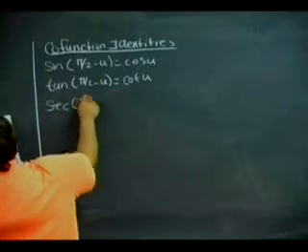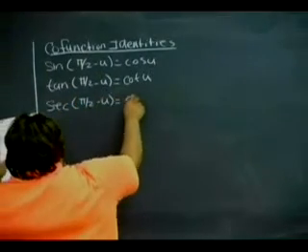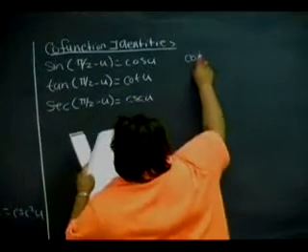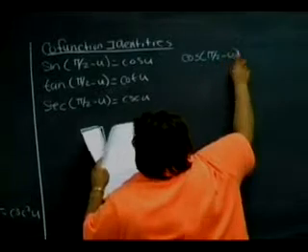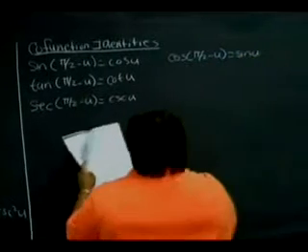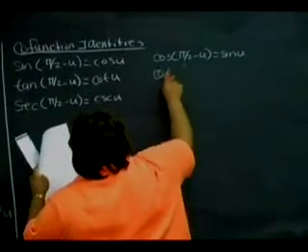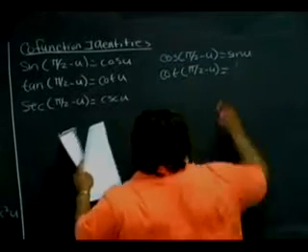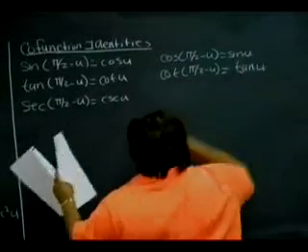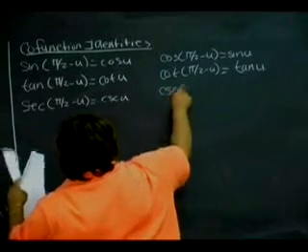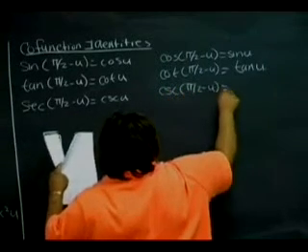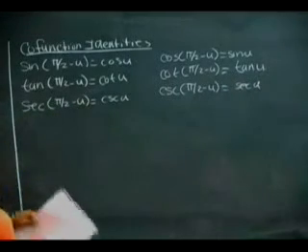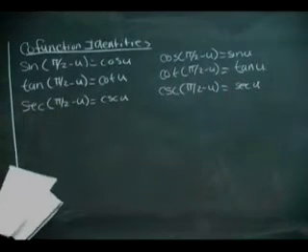And secant of pi over 2 minus u is cosecant u. Cosine of pi over 2 minus u is sine u. Cotangent of pi over 2 minus u is tangent u. And cosecant of pi over 2 minus u is secant u. Okay? We talked about those cofunction identities.